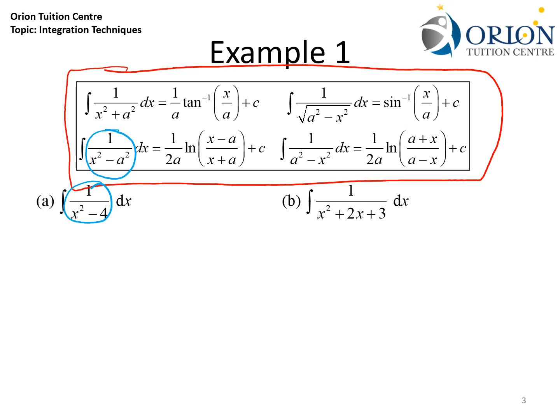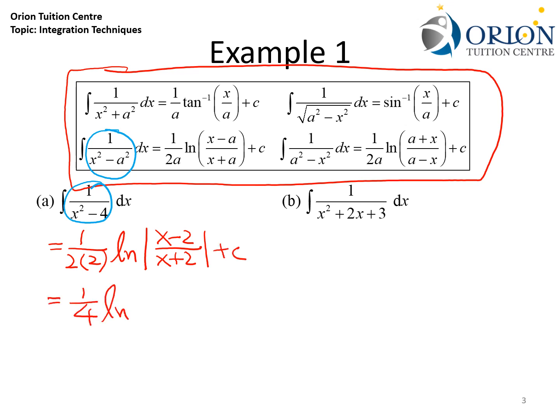Therefore, we can apply this formula directly to give us 1 over 2 times 2 ln of modulus of x minus 2 over x plus 2 plus c, which we can then simplify into 1/4 ln mod of x minus 2 over x plus 2 plus c.